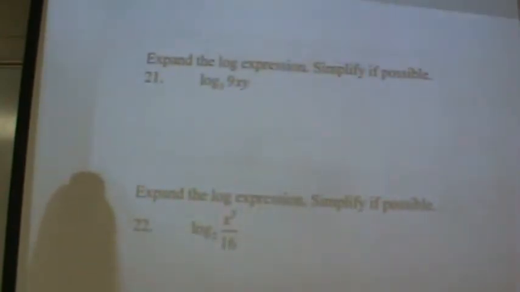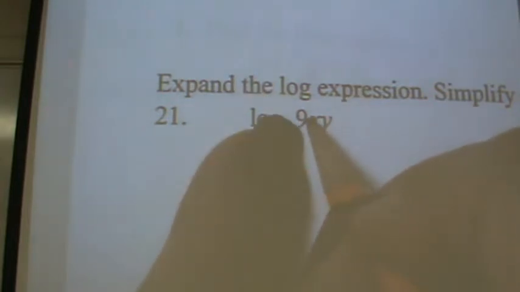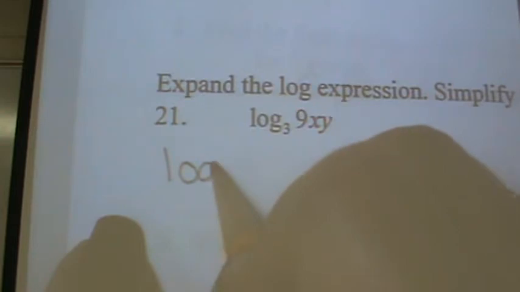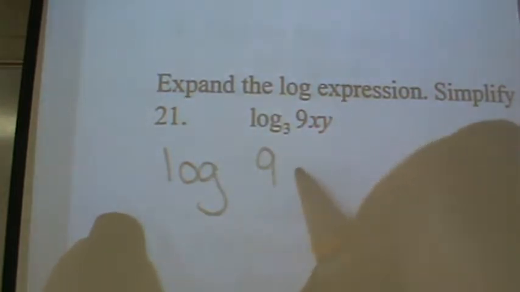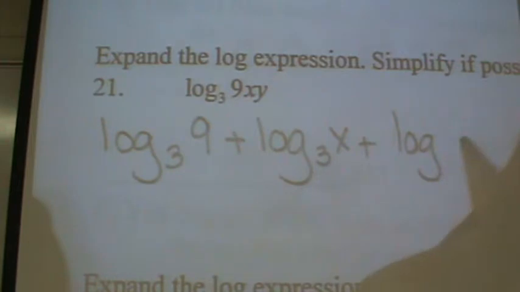Last 5 problems. How good are you at expanding and condensing using the properties? Okay, expand this. What are we doing with 9, x, and y? We're multiplying them. So what does the product rule say to do? Log of 9 base 3 plus the log of x base 3 plus the log of y base 3.